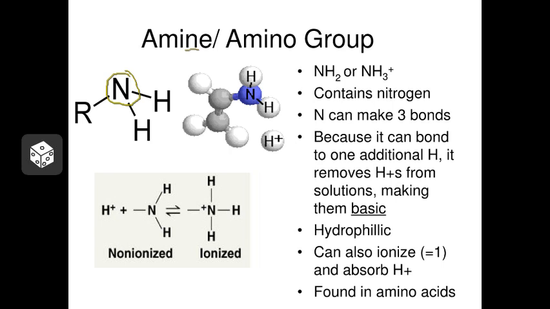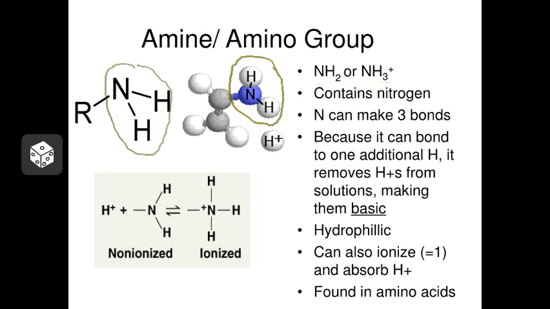So N for nitrogen, amine, amino has an N in it. An amino group consists of an NH2 or sometimes an NH3+, and we'll talk about that. So this is an amino group right here, NH2. Here's an NH2 as well. Those are amines.